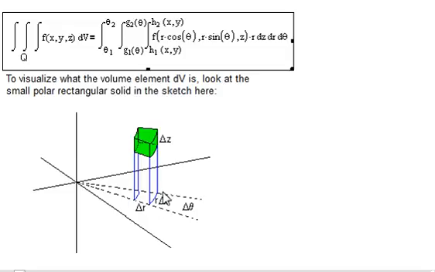And the one that's less obvious is r delta theta, but remember, if this is r from here to here somewhere, and this is delta theta, then r times delta theta is this dimension. If we call this length and this width and this height, there's the length, width, and height, and r d theta dr dz, whatever order you want to put those in. So that's where the r dz dr d theta comes from.